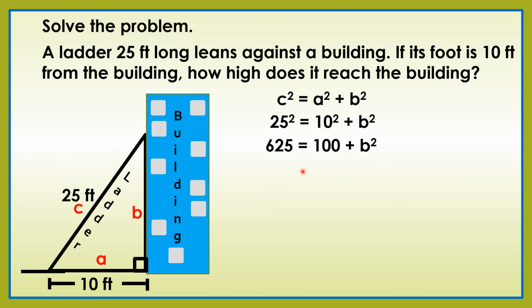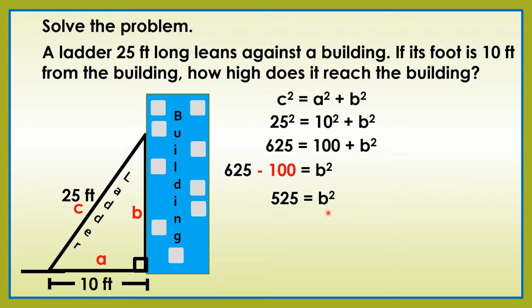Yung 100 transpose natin beside 625. Pag nag-transpose, palaging tandaan magbabago ng sign. So we will have now 625 minus 100 is equal to B squared. Subtract natin itong dalawa. So we will have now 525 is equal to B squared.